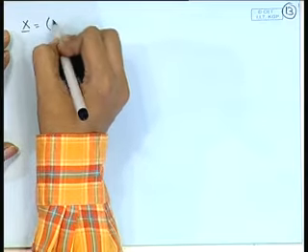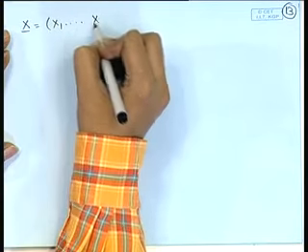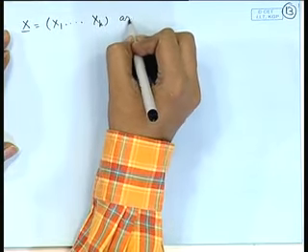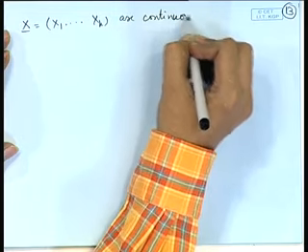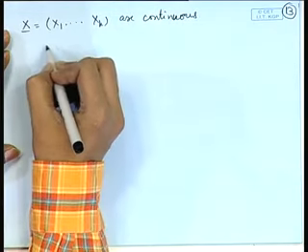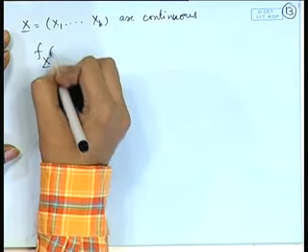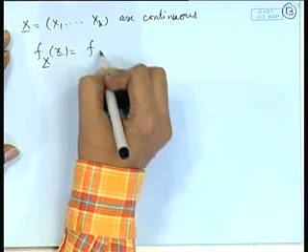In a similar way, we may talk about the case when all of the xi's are continuous. In this case, we will have a joint probability density function.